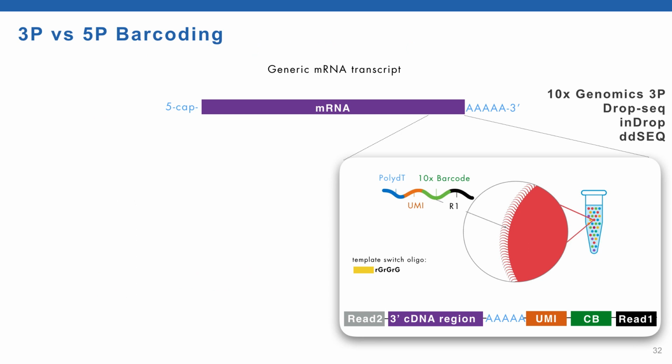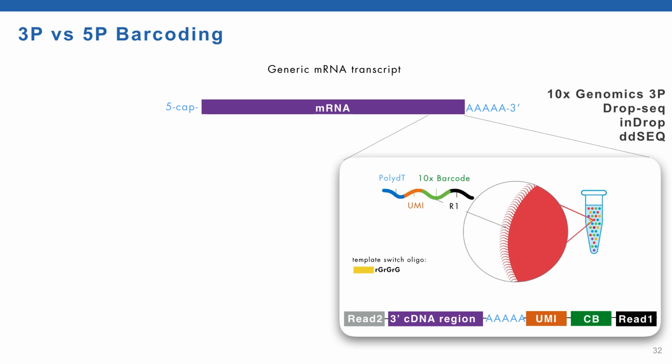To give a general background here, most methods that people are familiar with for single-cell RNA sequencing generate 3' tags. This is where the reverse transcription primer has some sort of a barcode.